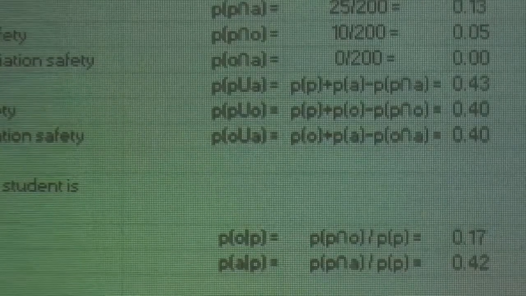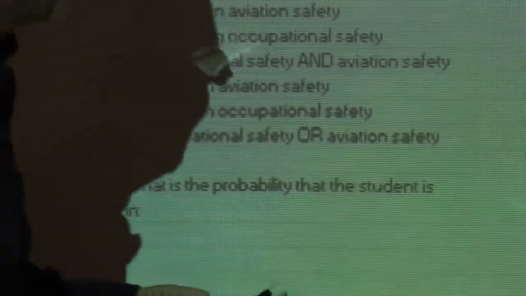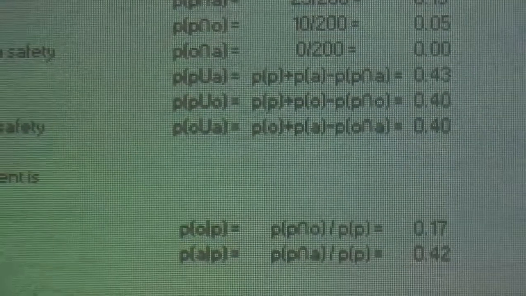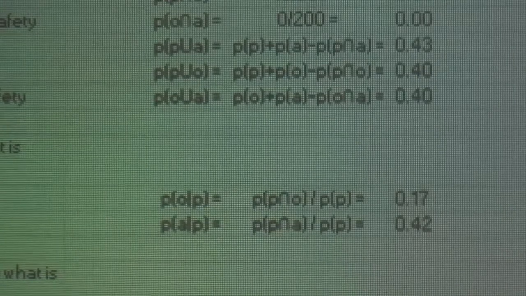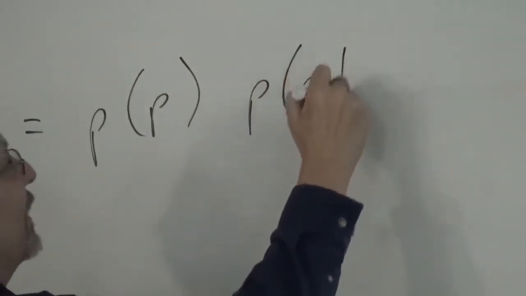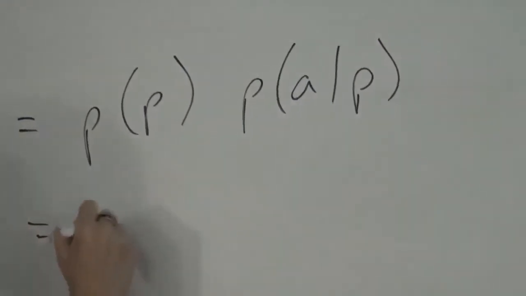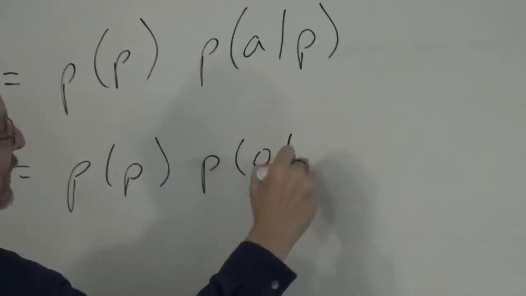If a student is a pilot, what is the probability that that student is primarily interested in occupational? So these are conditional then. Remember the conditional for pilot, and that's what I'm exploiting here: the probability of aviation given that you're a pilot, and it's also equal to the probability of occupational given that you're a pilot.